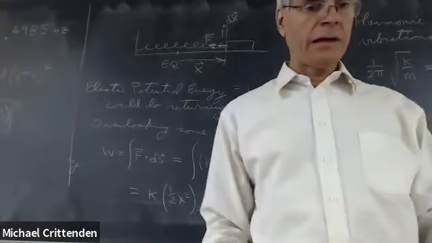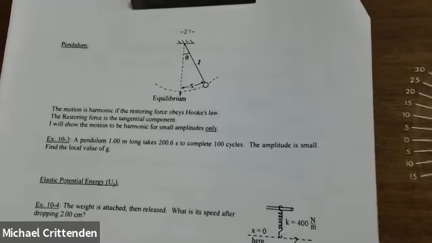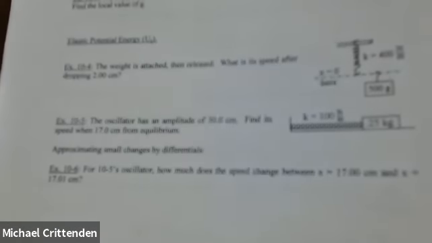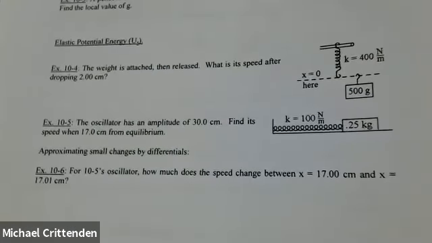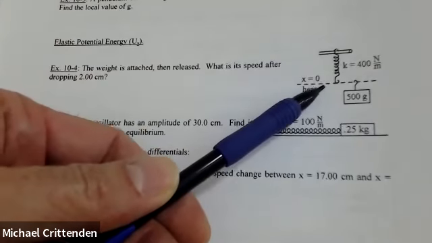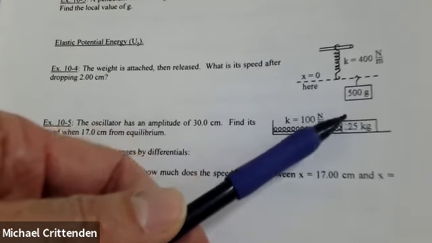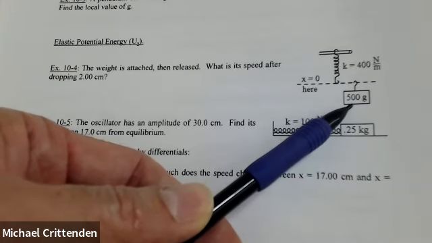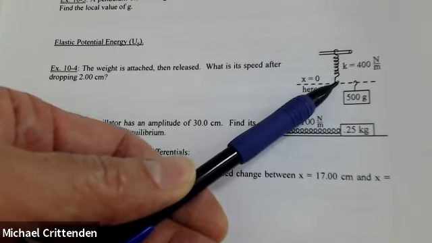Three examples, and that'll be the rest of section 10. So first of all, number 4, you've got this spring hanging vertically, and you walk up with a 500-gram mass in your hand, and you hook it on there, and you let go.